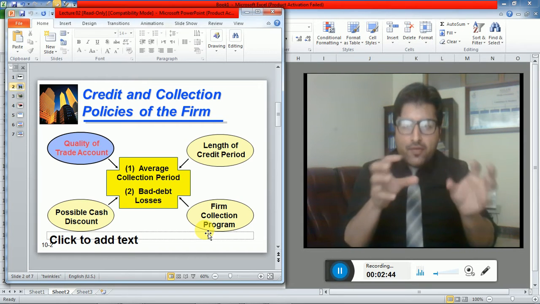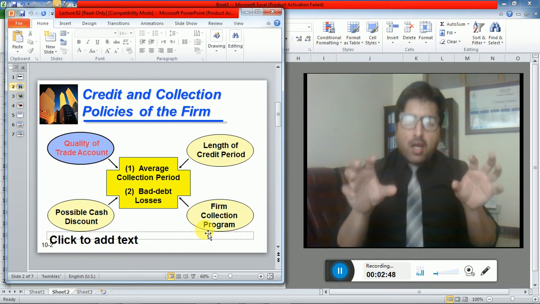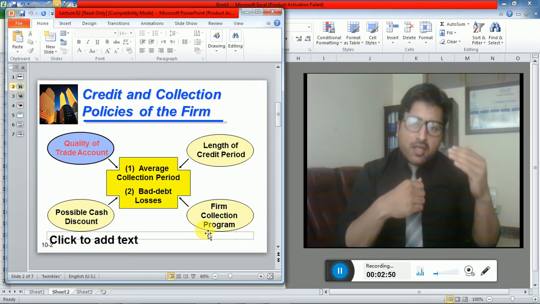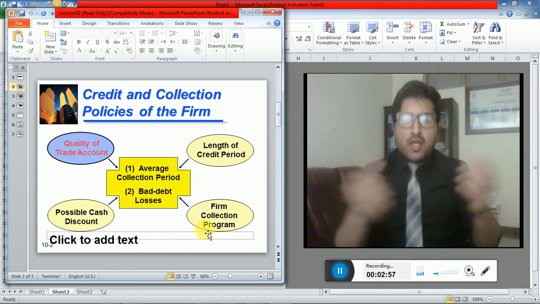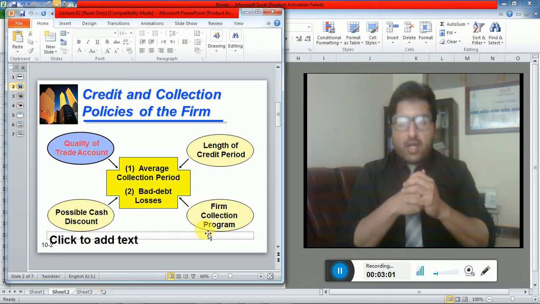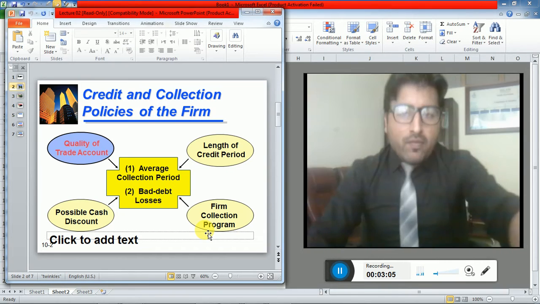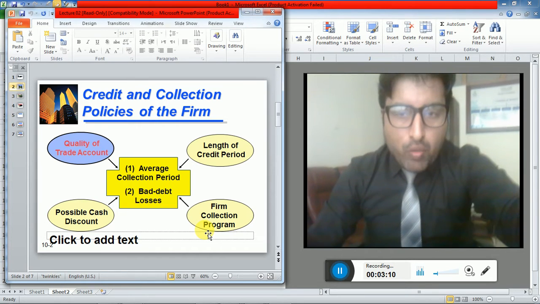Then we have to weigh the benefit and the cost. If the cost from relaxing the credit standard is lower than the profit, then we continue to lower the credit standard in order to increase sales. So now let's do a practical numerical exercise.